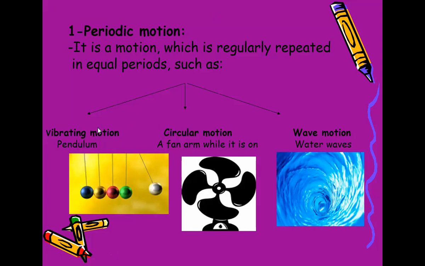Okay. We have two types of motion, periodic motion and transitional motion. Periodic means repeated regularly. Periodic motion is a motion which is regularly repeated in equal periods of time.